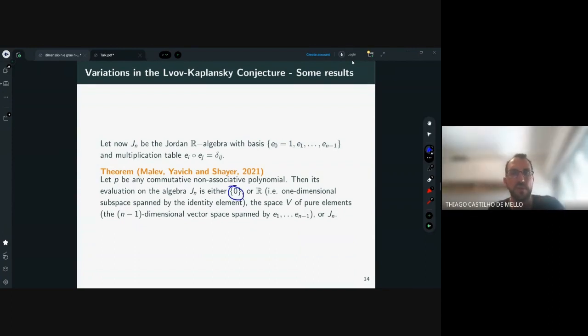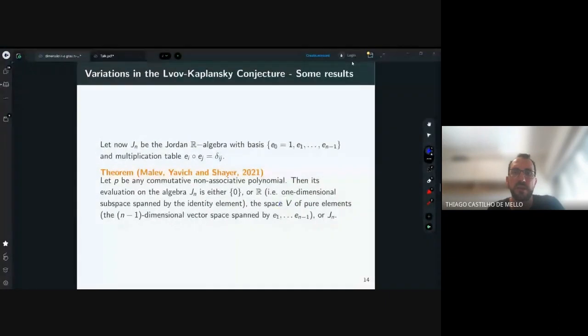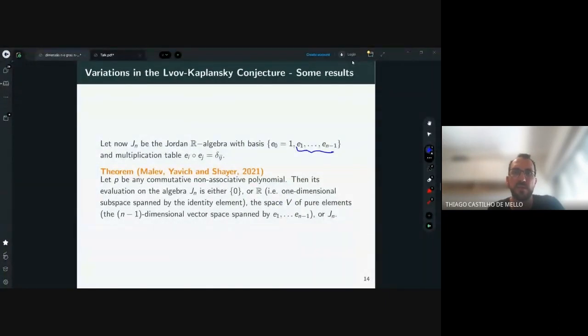Either 0 when it's a polynomial identity, R, the real numbers, where R means here the set of the subspace generated by the identity, or the set of pure elements, that's the subspace generated by these other basic elements of our algebra, or the whole algebra. They are very similar results. Always we have these 4 possibilities, and they have either dimension 0 or 1, or codimension 1 or 0. The dimension or the codimension are 1 or 0.